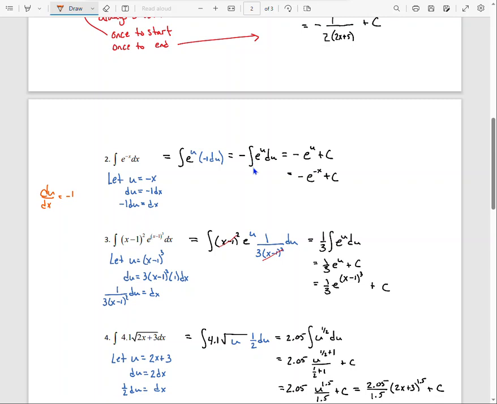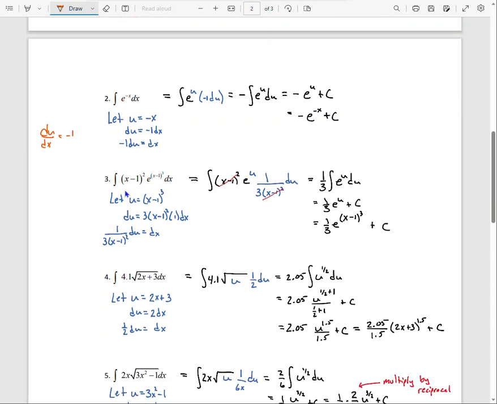So we have a negative integral of e to the u du, but remember, the antiderivative of e to the u is itself, the negative just stays here at the front of the integral. So negative e to the u plus c. Don't forget to substitute twice, once to make the problem easier or more doable, and here again to finish. So you replace it with a negative x. Substitute twice.